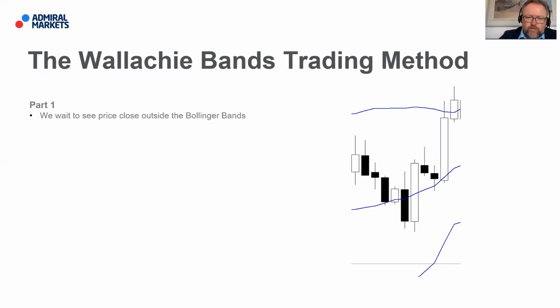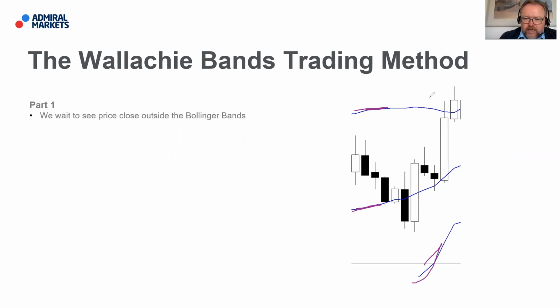So part one is that we want to see price close outside the Bollinger Bands. Now let's just draw on here as always. We can see that in this particular example, here's the 20-period moving average, here's the lower Bollinger Band, here's the upper Bollinger Band.